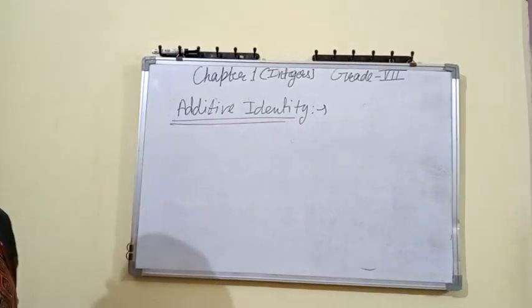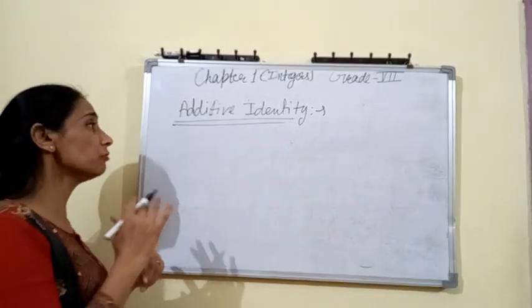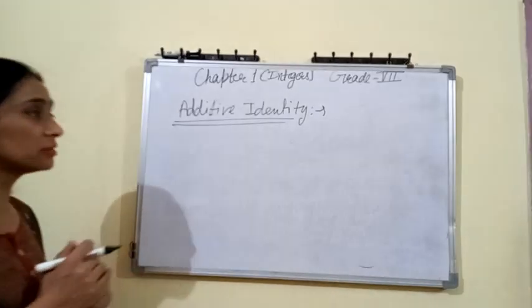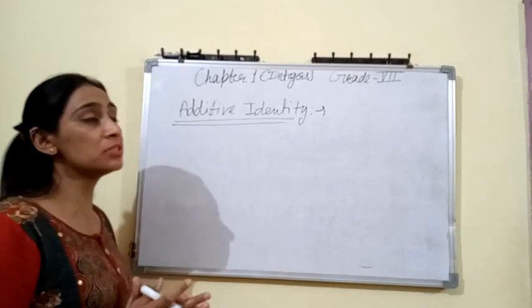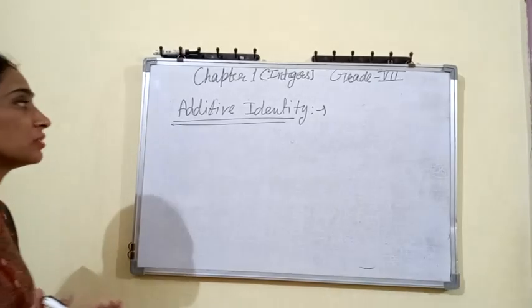Additive means we are talking about addition. Additive identity means when we add this identity to any number, our result should be the same, means there should be no change in the actual value and the result.